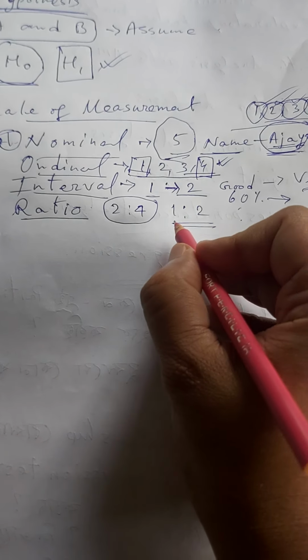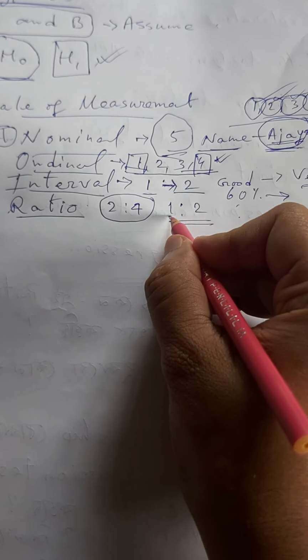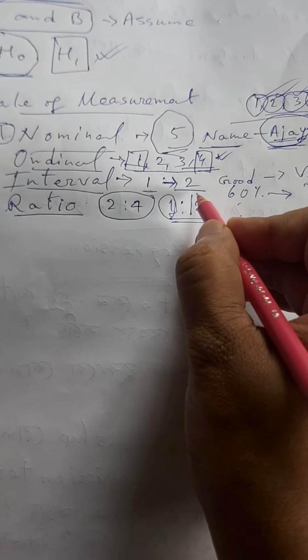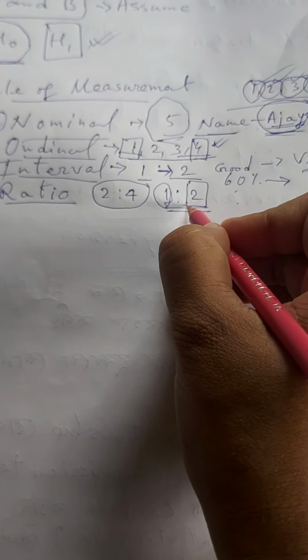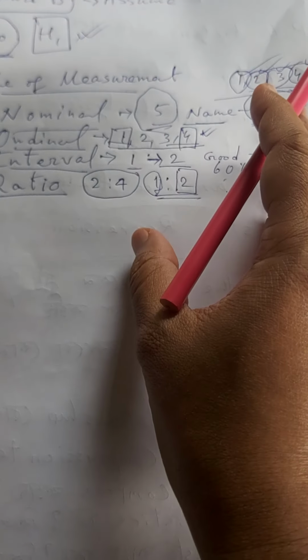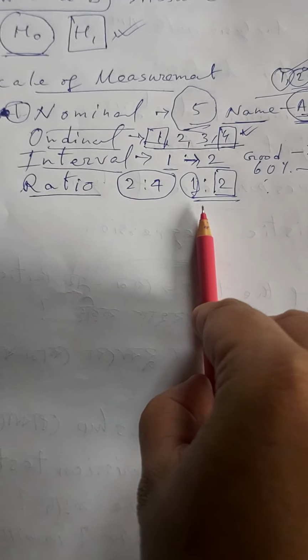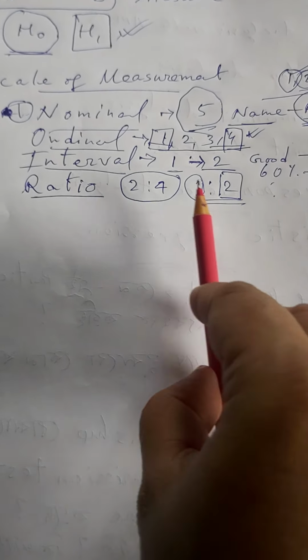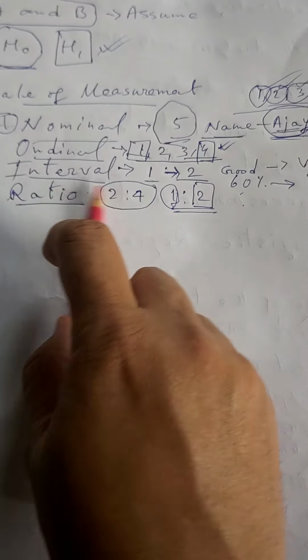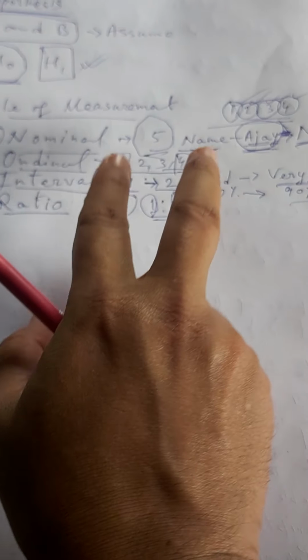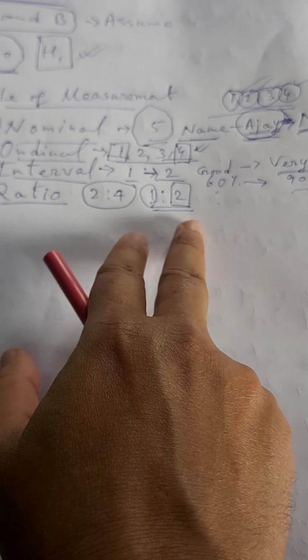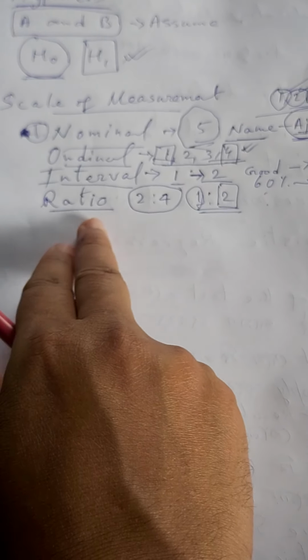Suppose I take 1 cup of tea and 2 teaspoons of milk. In the data, we cannot write down milk and sugar or tea; we write numbers in order, in sequence, not in order, but in ratio order. So that's called ratio data.